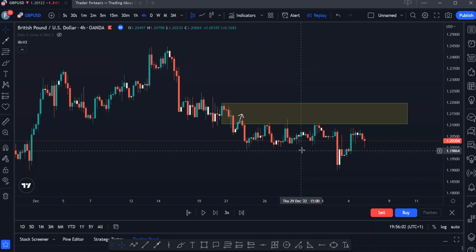Your assignment for today is to go to any currency pair and start identifying trends, uptrend, downtrend, mark it out, and identify how price is moving, changing from an uptrend to a downtrend, and from a downtrend to an uptrend.